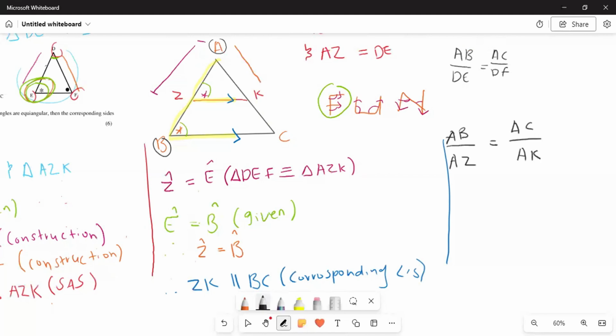And what would be my reason? Proportionality. And I'm going to mention my parallel lines. ZK is parallel to BC inside triangle ABC, right?